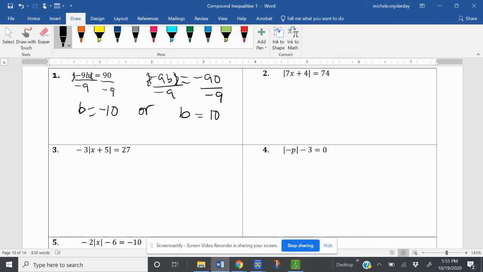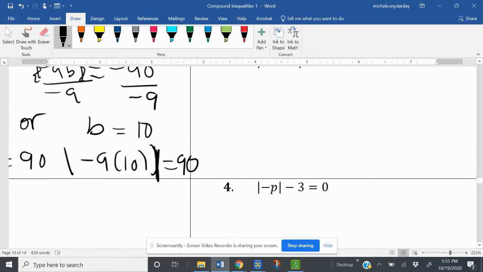So on the inside of the absolute value symbols, we could have had negative 9 times a negative 10, or we could have had negative 9 times a positive 10. Both of those would have given us the result of a positive 90.